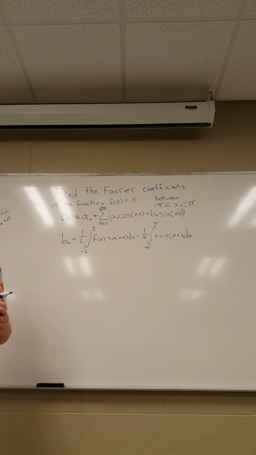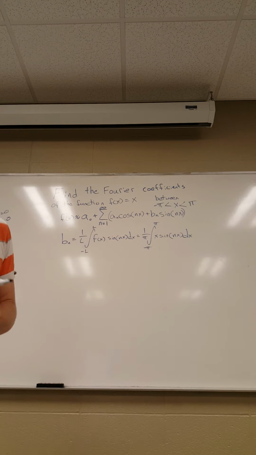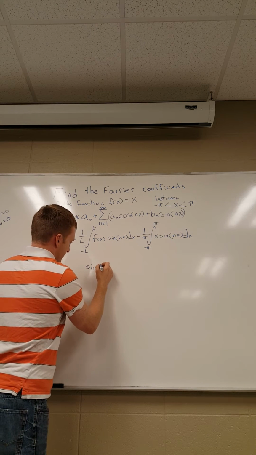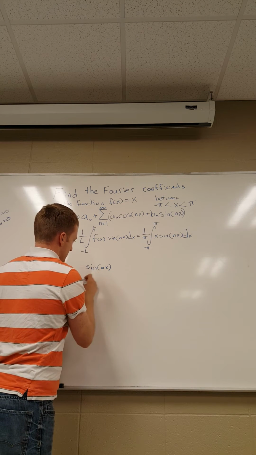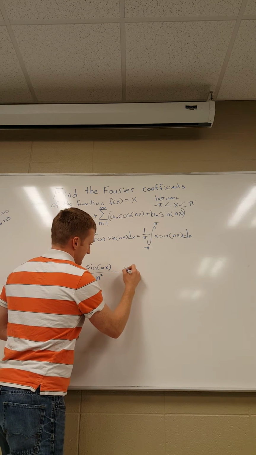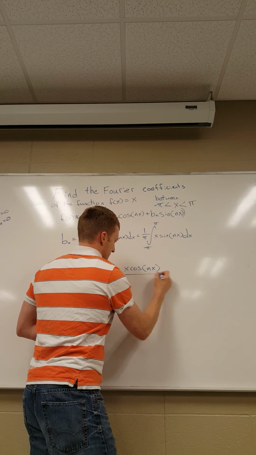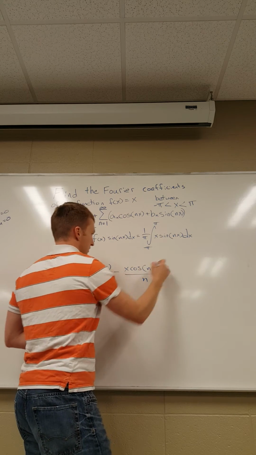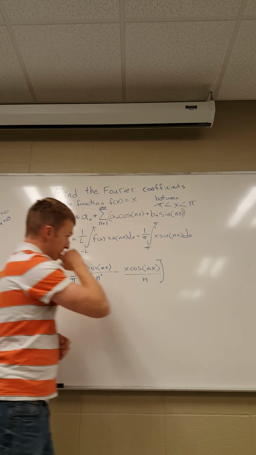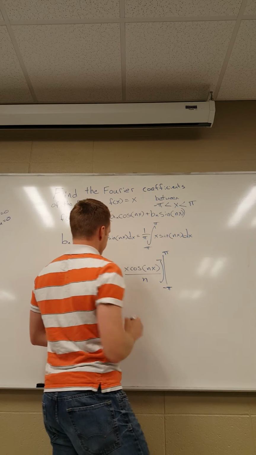And when we use a trig table, which makes this a lot easier, we get sine nx over n squared minus x cosine nx all over n, times 1 over pi, between negative pi and pi.